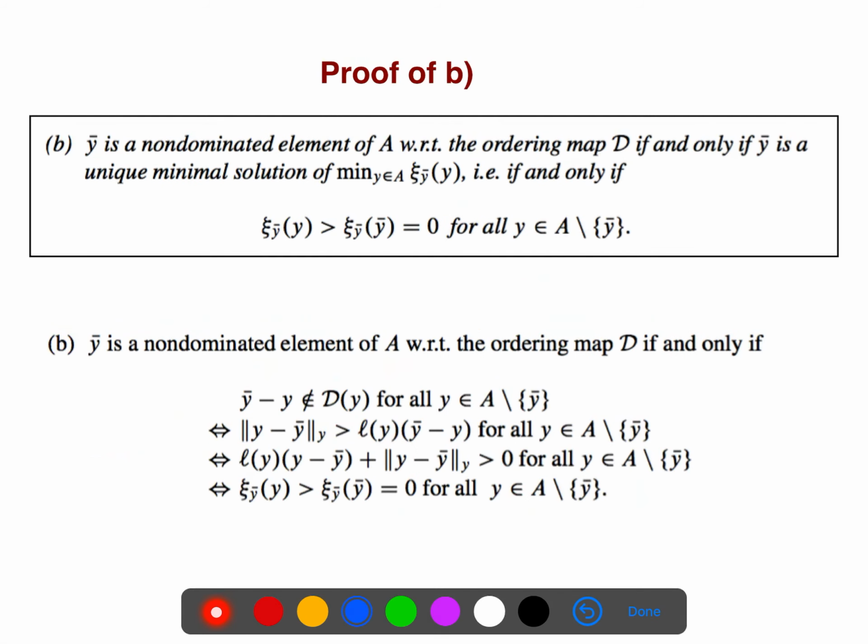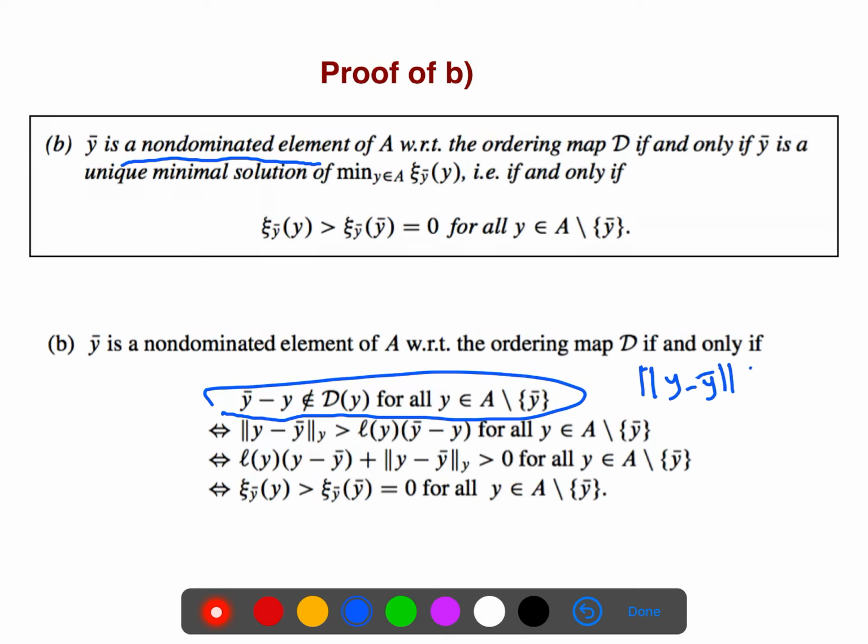A similar analogy can be used for part B. Here, the definition of a non-dominated element is just this. It means that you cannot find any point which is less than or equal to L of y bar minus y.